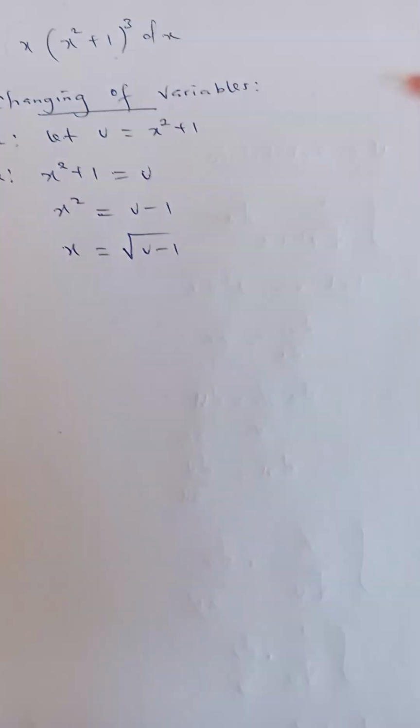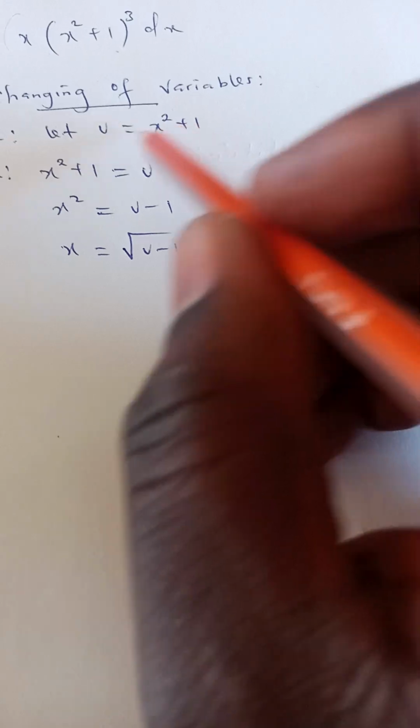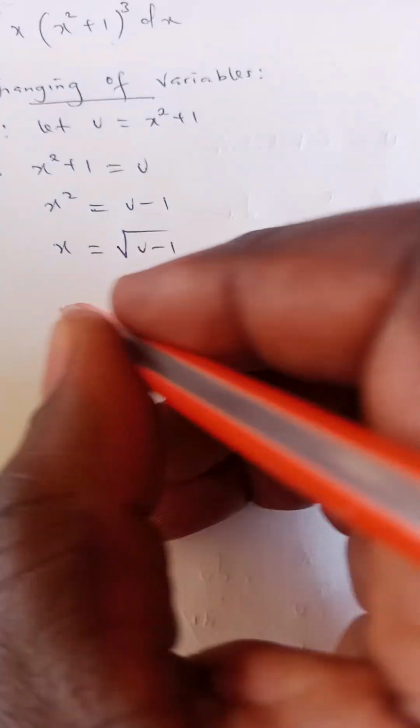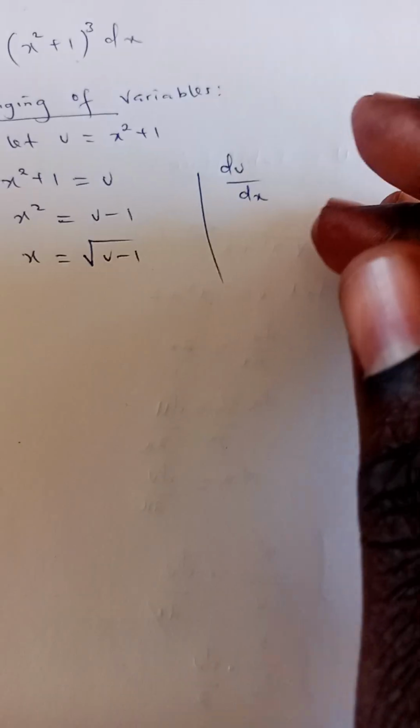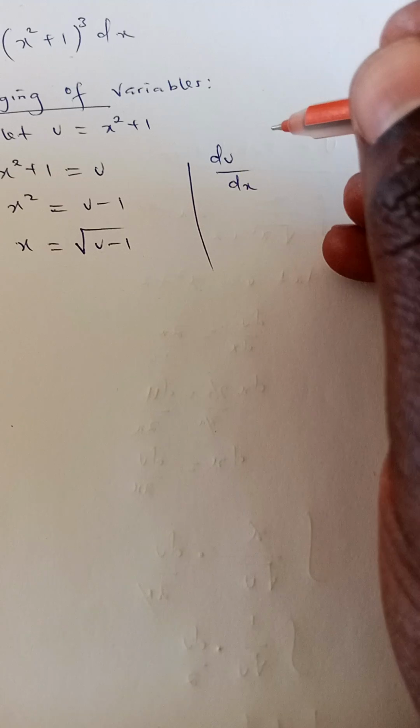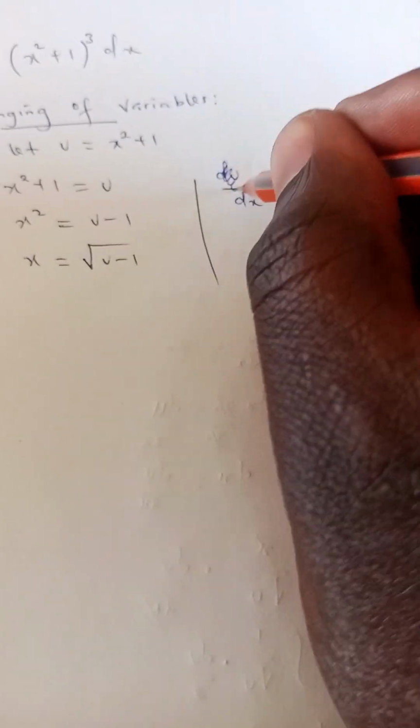The next thing we're going to do is to differentiate this one. So we're also going to find dx du. So we find the derivative with respect to u now.